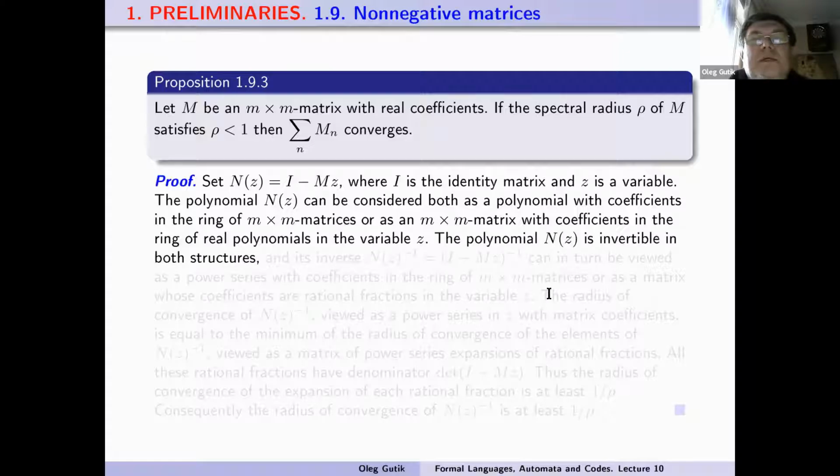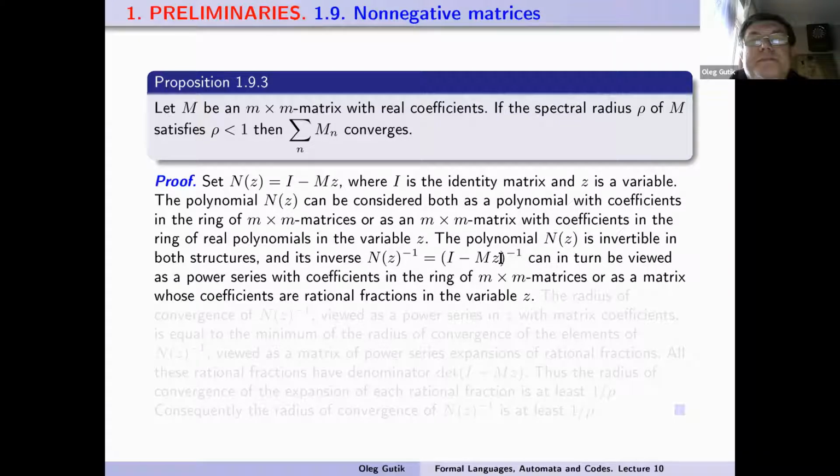The polynomial N(z) is invertible in both structures, and its inverse can be viewed as a power series with coefficients in the ring of m times m matrices, or as a matrix whose coefficients are rational fractions in the variable z.